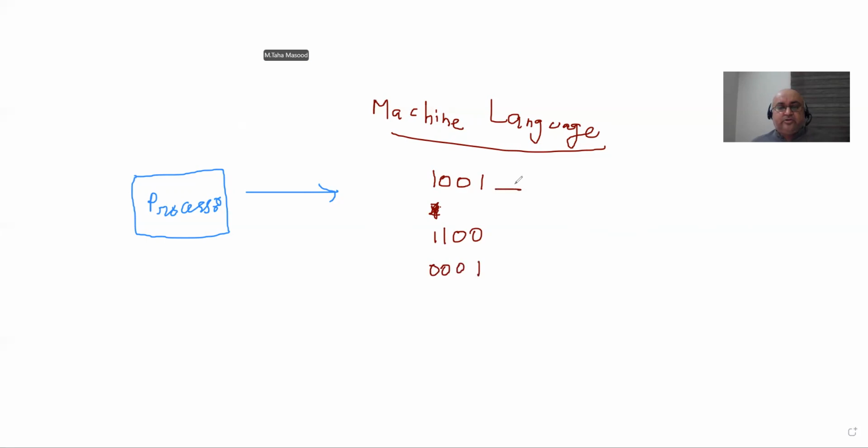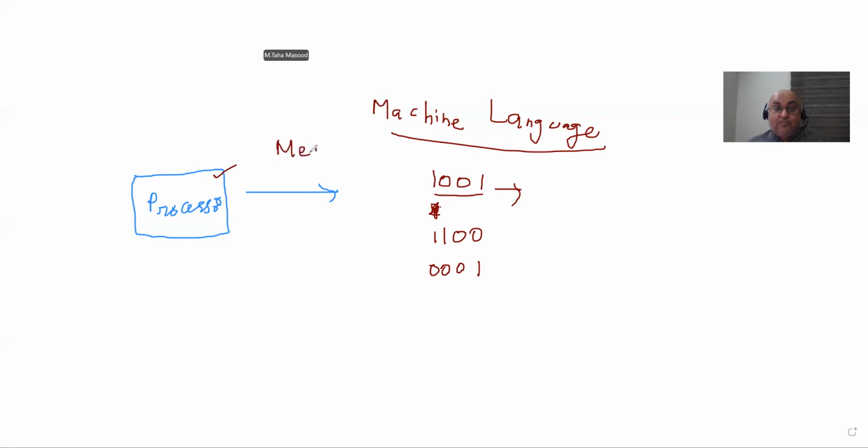Now remember, language also conveys meaning, right? So what meaning to impart to this 1001 will be up to the designer of this processor.